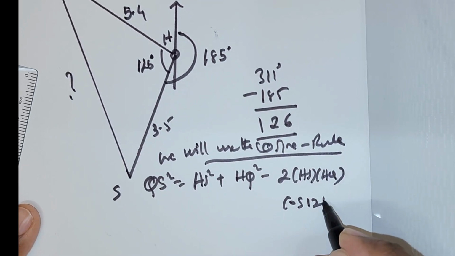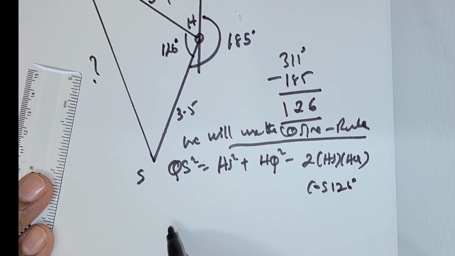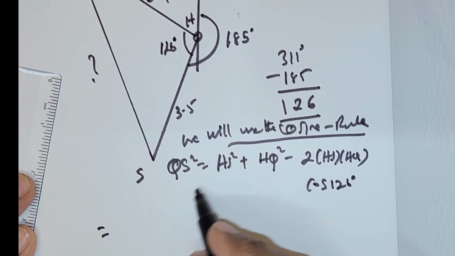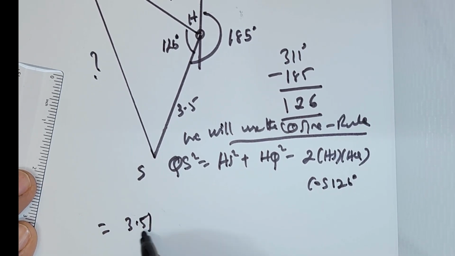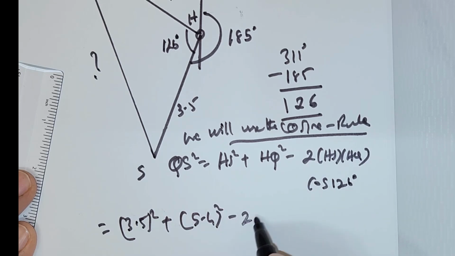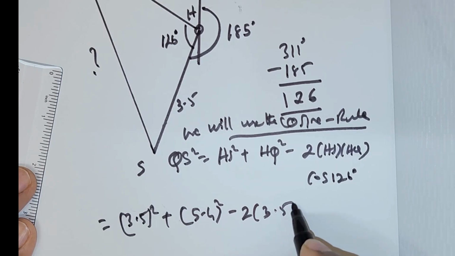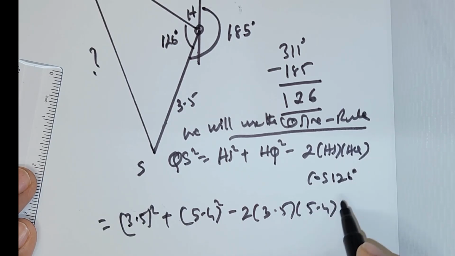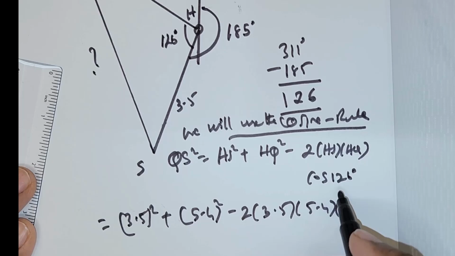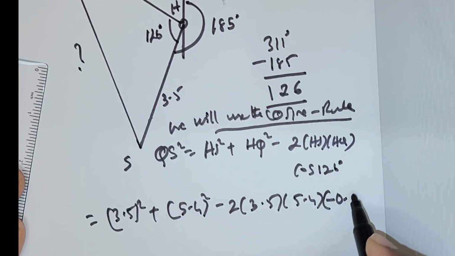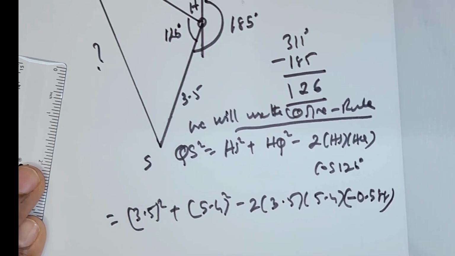That's going to be 126 degrees. So HS squared is 3.5 squared and HQ squared is 5.4 squared, minus 2 times 3.5 times 5.4 times cos of 126 degrees, that's a negative 0.588.